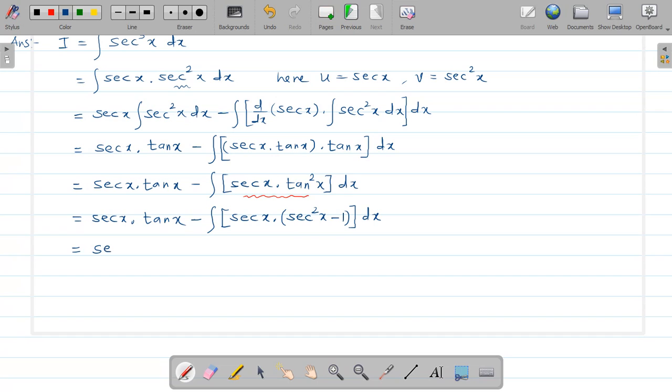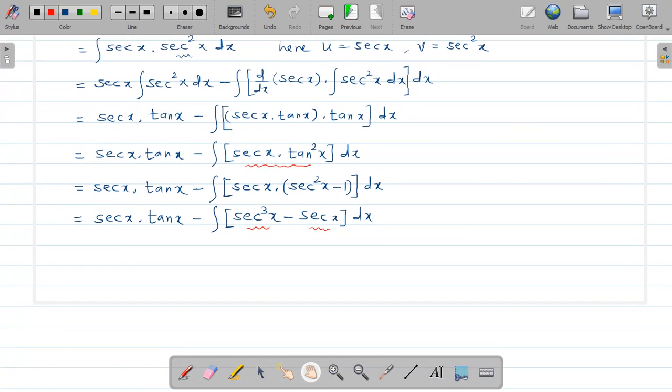Okay, then what happened? See here, sec x into tan x as it is, minus integration. Now in the square bracket, we multiply by sec x, so we get sec cube x minus sec x dx. So after using the fundamental identity, we get here sec cube x and this one is sec x. Now take the separate integration of both the terms in the next step.